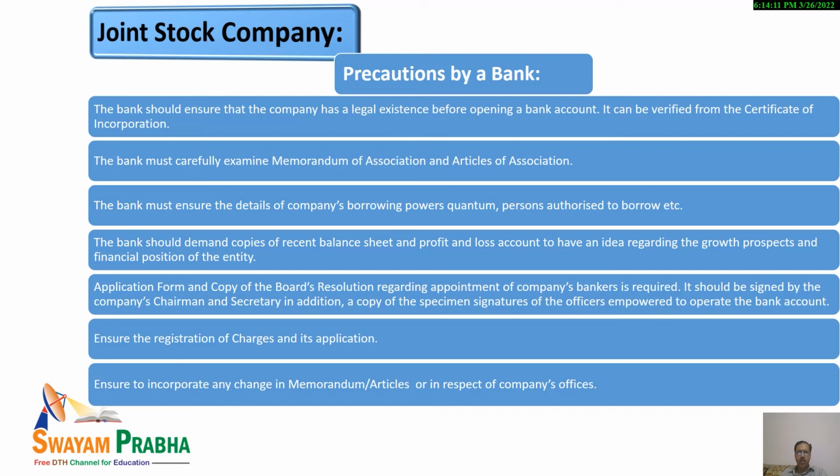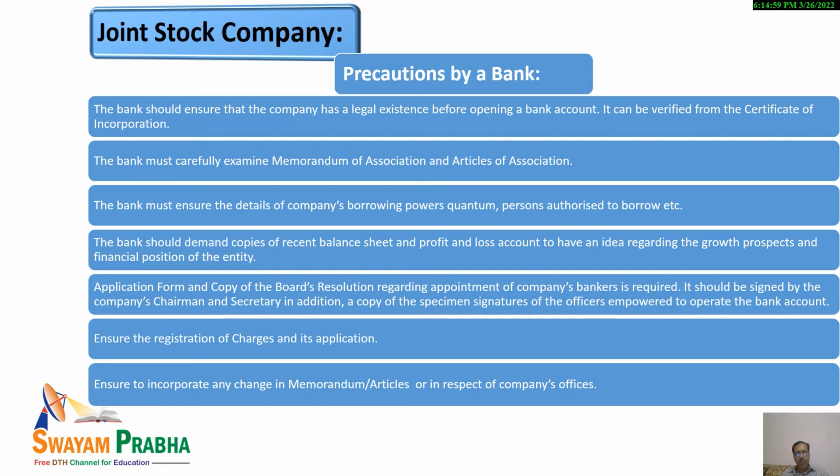So it may be verified from the certificate of incorporation. Then in case of company, memorandum of association is there, which is the main document of the company, and it is known as the charter of the company. Then articles of association are there, which basically deal with internal management of the company. So by going through these documents, by thoroughly examining the memorandum and articles, the bank should know who will be operating the account, what are the borrowing powers of the company, who are the persons authorized to borrow.